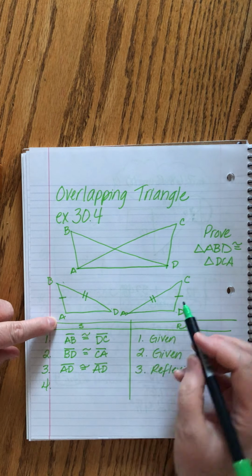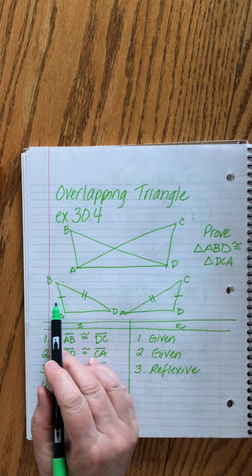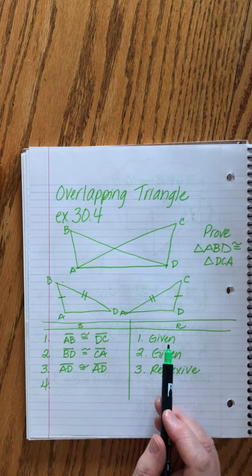So ABD, DCA, we're trying to prove that these two guys are the same. We see that we've got two sides of the same.